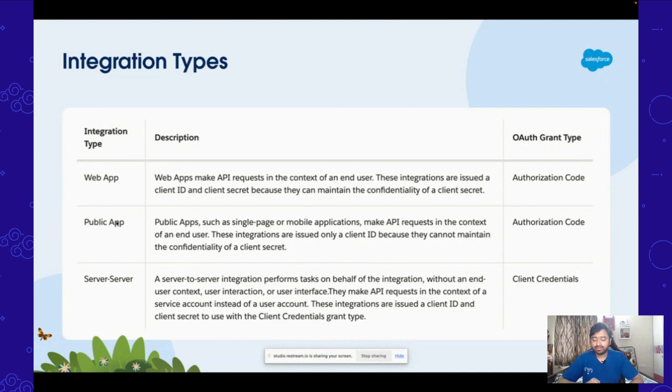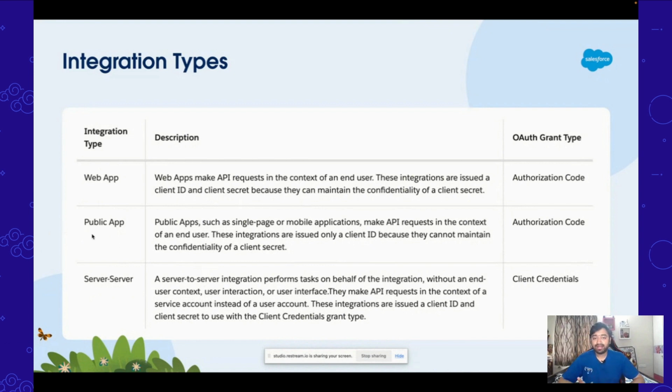Now, the reason both of these are different is because of the client secret. So like I mentioned, in OAuth, you have both the client ID and client secret. And in the case of server to server integration or the web app integration, there is a middleware on which you can store the secret in a secure way. So nobody will be able to look at the secret, which is why both of these flows use the client secret.